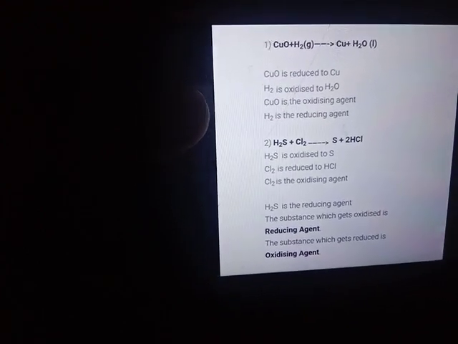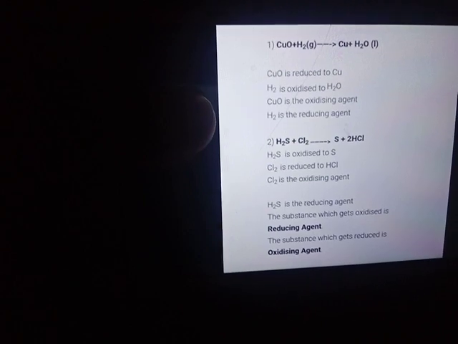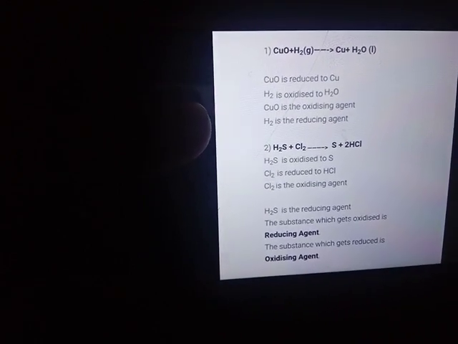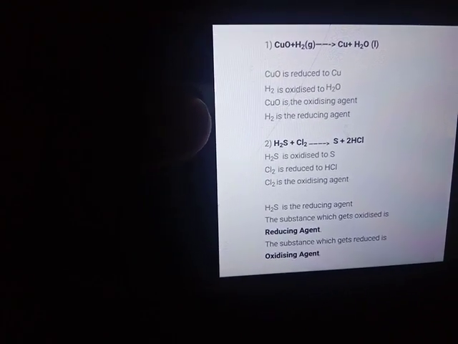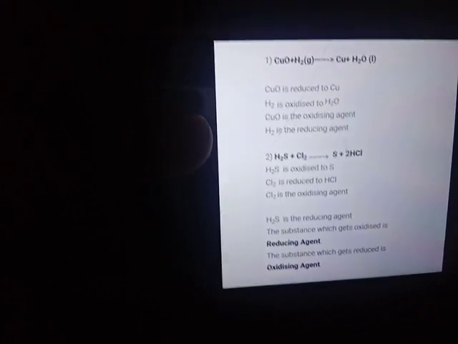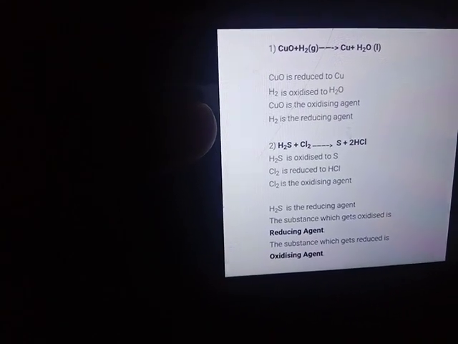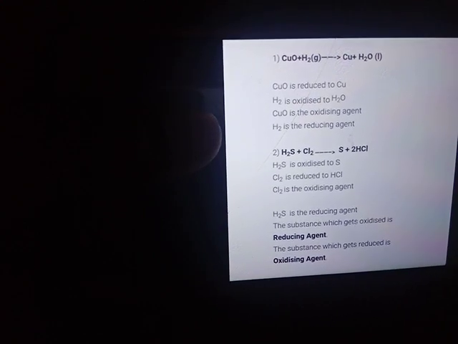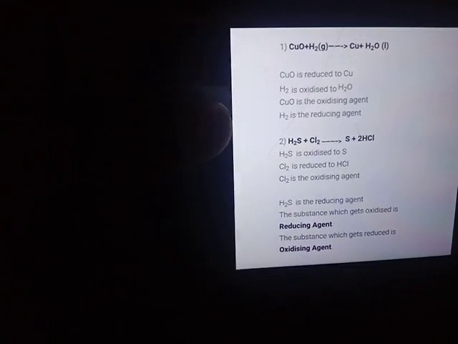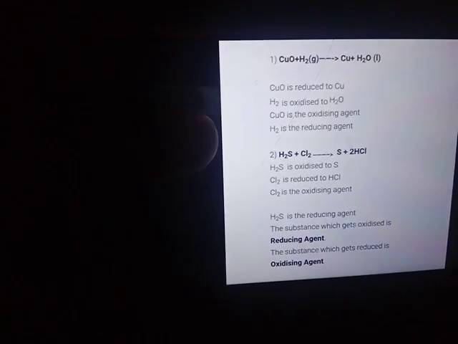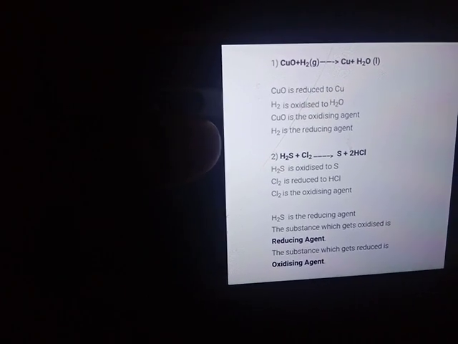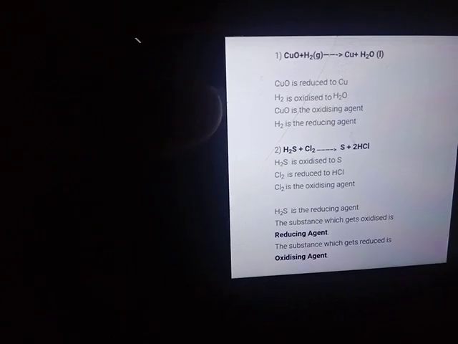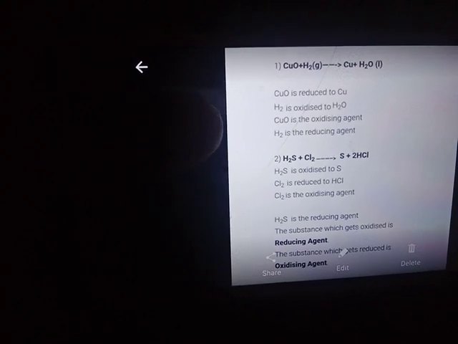CuO, copper oxide, reacts with hydrogen to give copper plus water. Here, if you notice, CuO is reduced to Cu, that is removal of oxygen. And H2 has addition of oxygen, so H2 is oxidized to H2O.